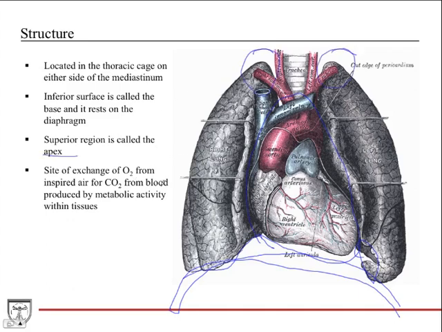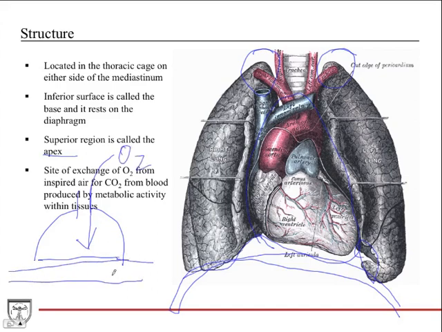And the lungs are the site of exchange of O2 from inspired air. So if you have your lungs like this, air comes in, so O2 comes in. And then you have the pulmonary vessels coming in here, the pulmonary capillaries.